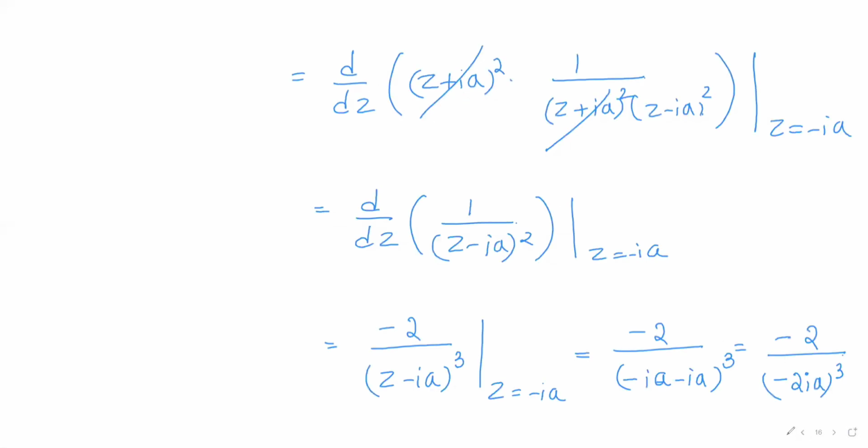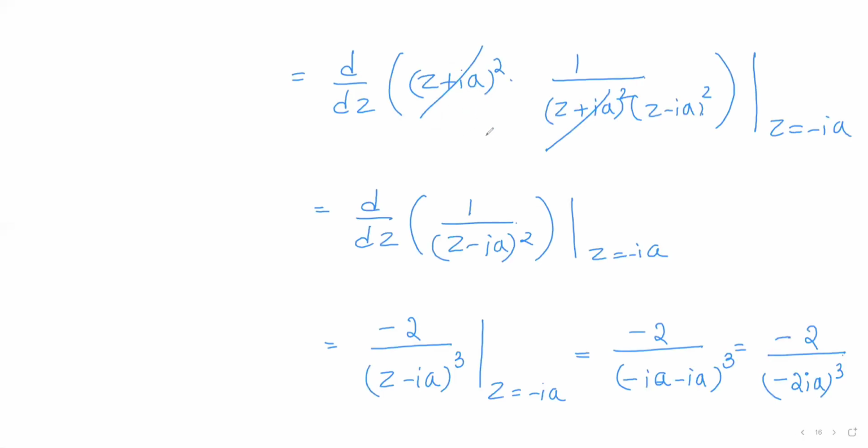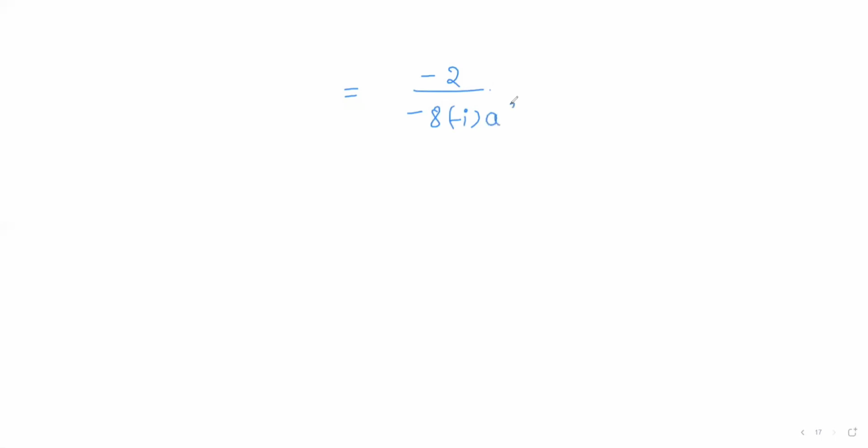So what it will be? −2 divided by, I can take (−2)³, so it is −8 into −i into a cube. So minus minus gets cancelled, 2 fours are 8, so it is 1 divided by 4 into −i a³, or 1 by −i is i.